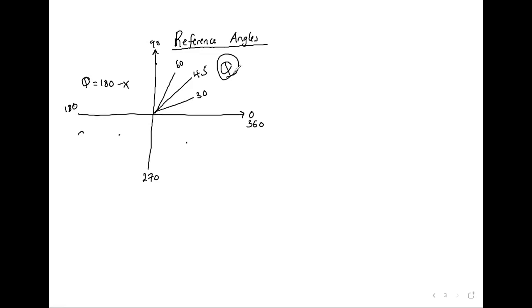If I have an angle here, I'll subtract 180 from it. And then this side, I will have 360 minus the angle that I have in each quadrant. Okay? Where theta is a reference angle.